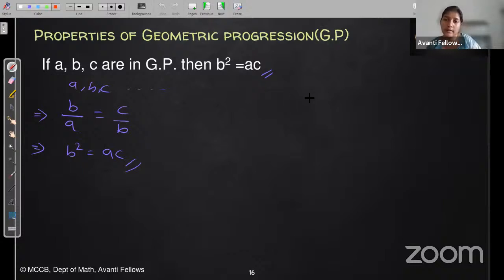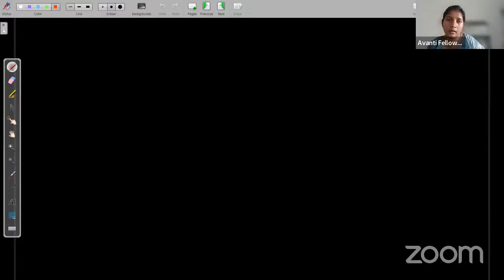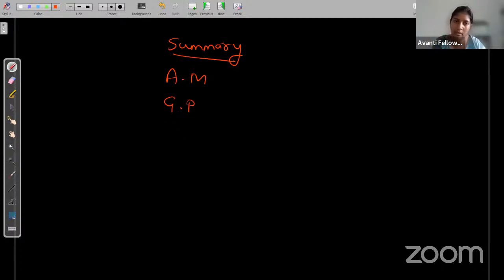We discussed arithmetic mean, and what happens when n arithmetic means are inserted between A and B. And we discussed geometric progression, the formula to find the nth term of a geometric progression, the sum of the first n terms of a geometric progression, and the sum of the infinite terms of a geometric progression. And we solved a few problems based on that.